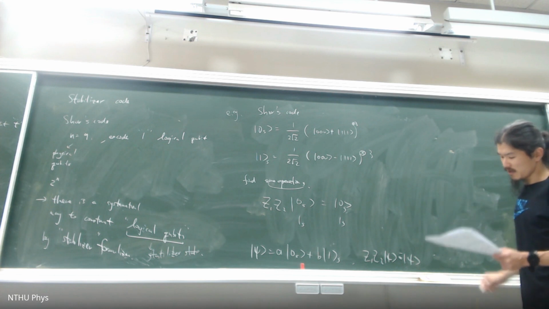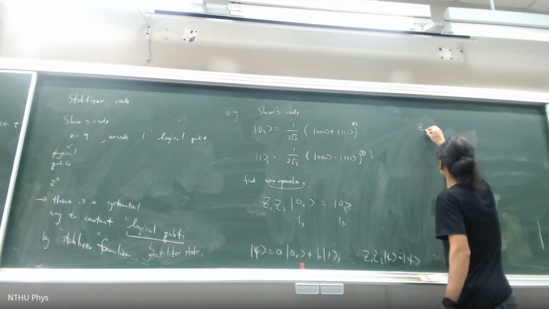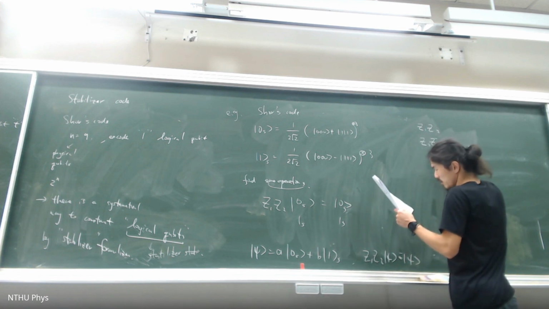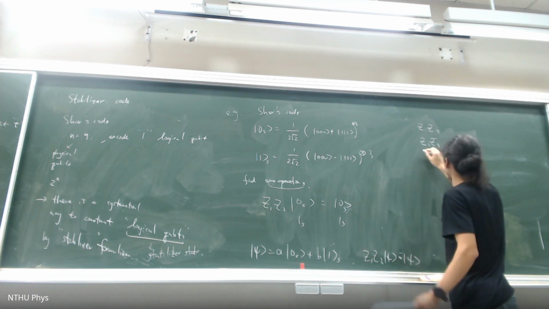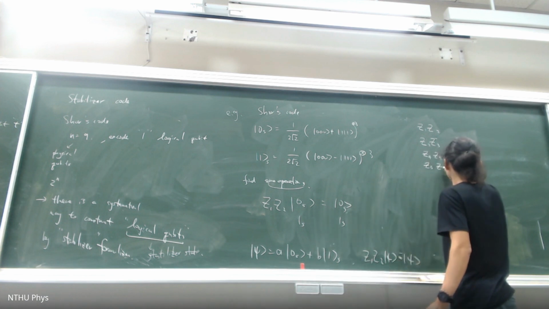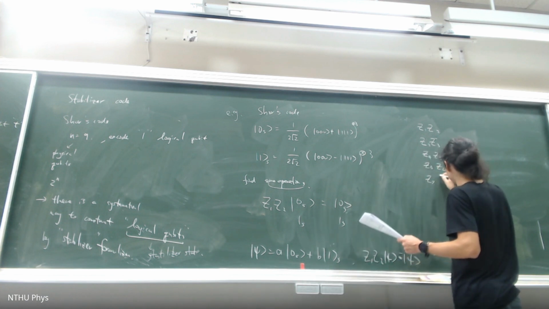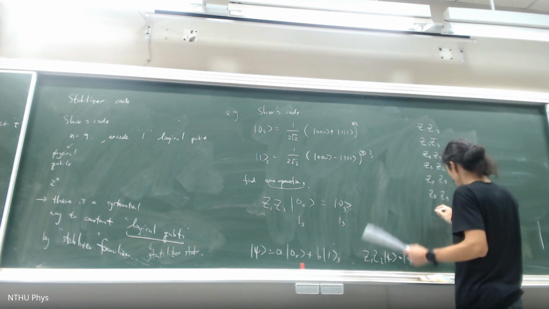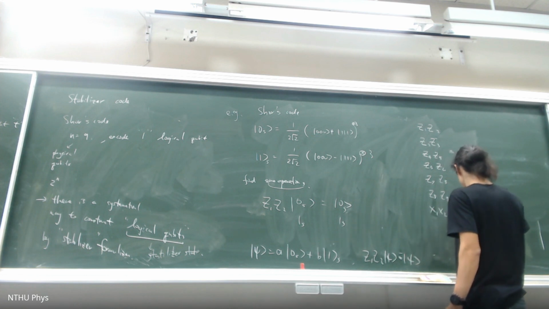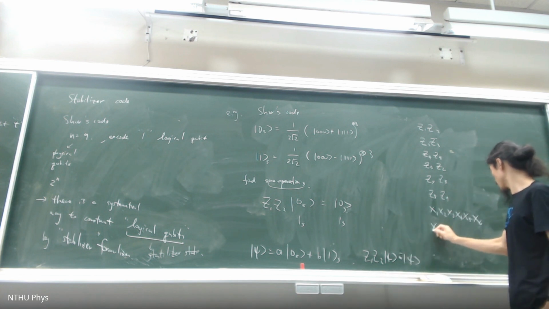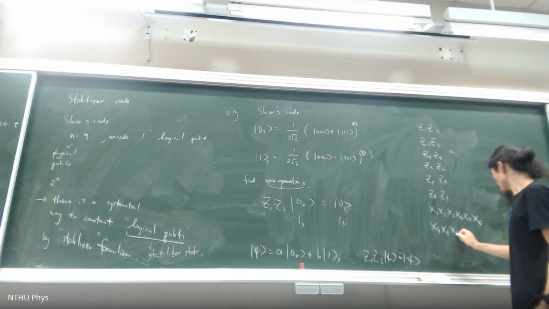Okay, so we basically can find the corresponding Z1 Z2, Z2 Z3, Z4 Z5, Z5 Z6, and then Z7 Z8, Z8 Z9, and then there's X1 X2 X3 X4 X5 X6, and then X4 X5 X6 X7 X8 X9.